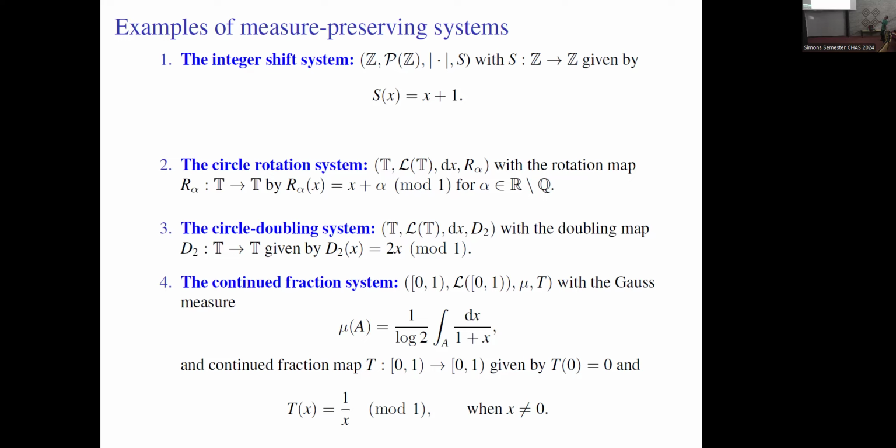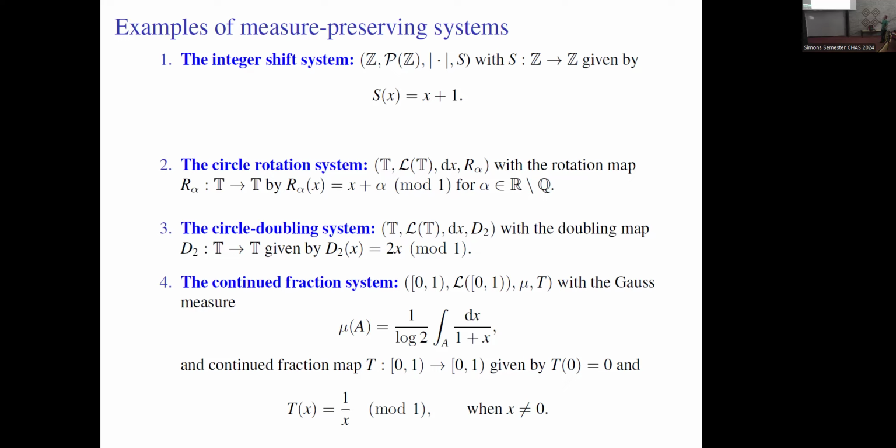Here we can check that this is also a measure preserving transformation, because the Lebesgue measure is translation invariant.